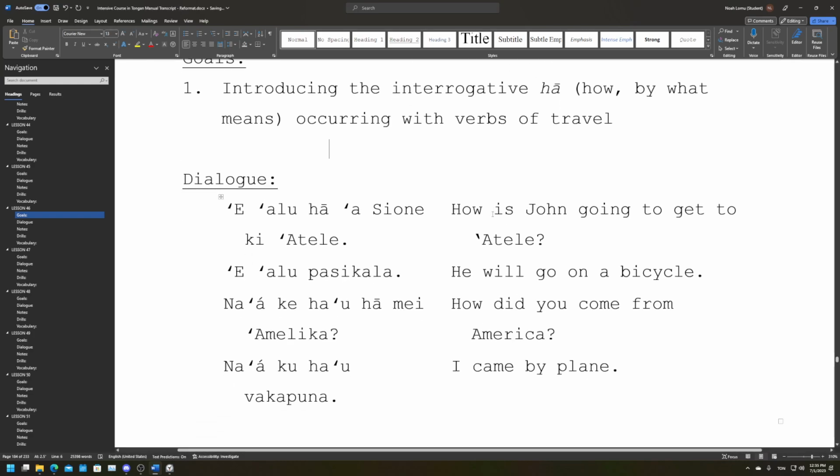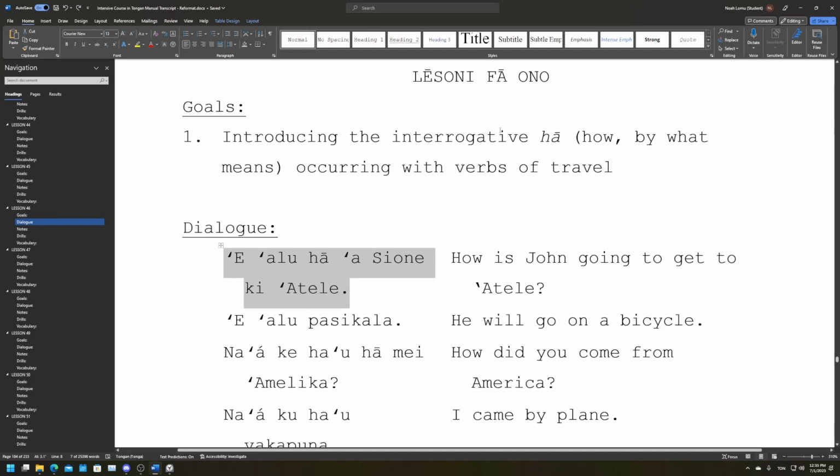So here's the dialogue. Whoops, accidentally. Okay. Aloha, Sioniki Atele.